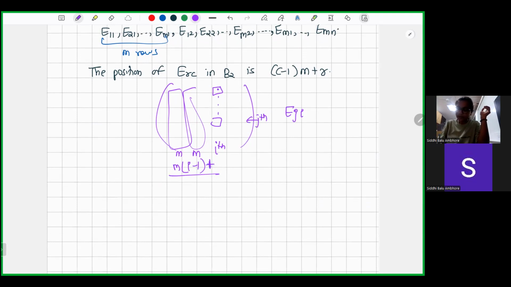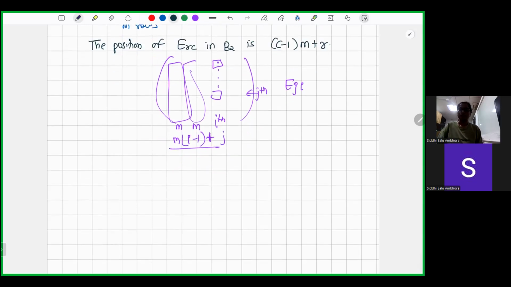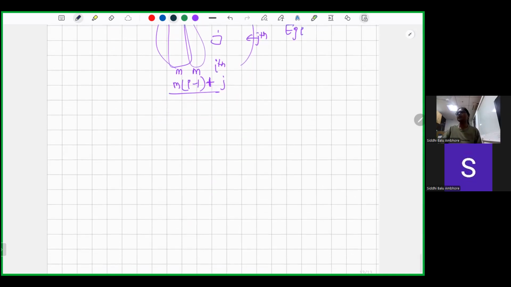So this will be I minus 1 into M plus whatever I am getting here, J. So when I look at it in terms of E_RC, this is C minus 1, M as it is, and R. So that's what we have been doing. I hope you understand what it means, where the position of a particular basis element is, when we talk about B1 and B2 both.